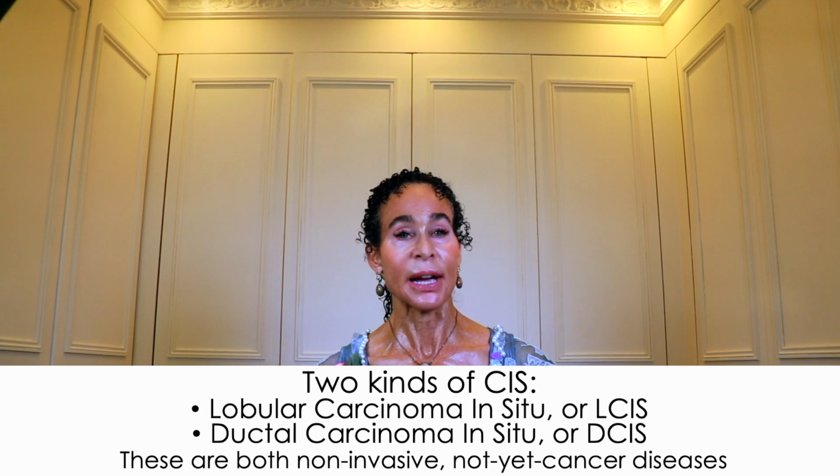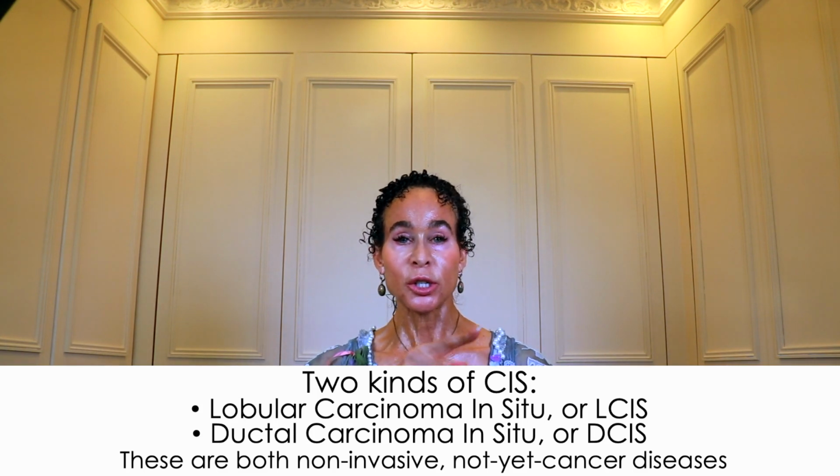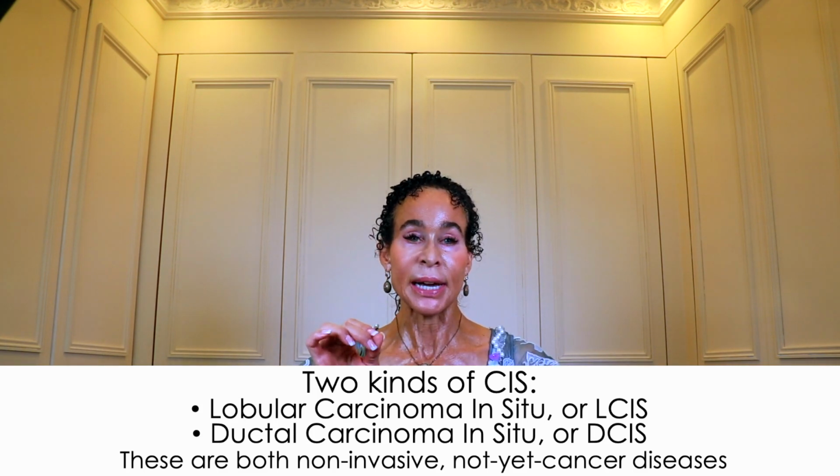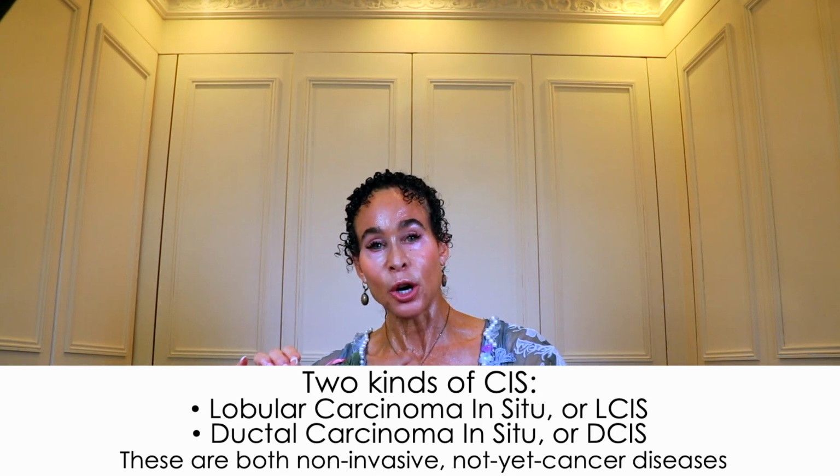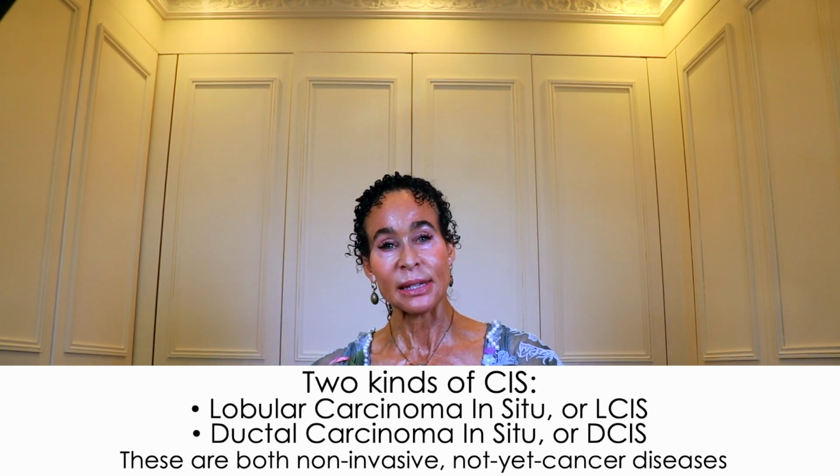In video number 362 on carcinoma in situ, or CIS, of the breast, I taught you that carcinoma in situ is pre-cancer. It is not invasive cancer. And there are two kinds of CIS: lobular carcinoma in situ, or LCIS, and ductal carcinoma in situ, or DCIS.